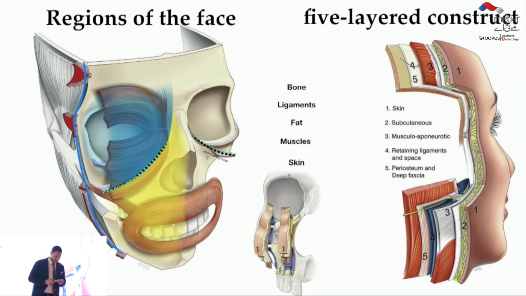The face is usually regions, and we have two regions in our face: the mobile part, the anterior part, and the fixed part. That work was done recently, and we need to understand this.